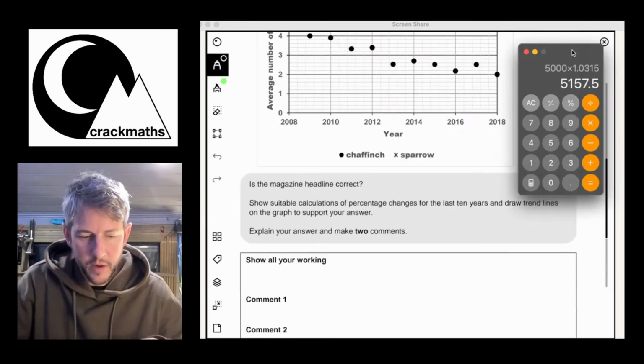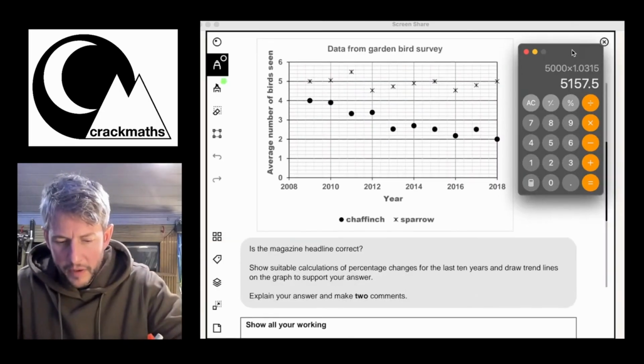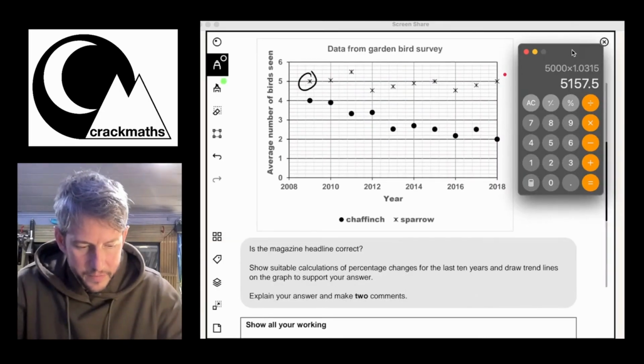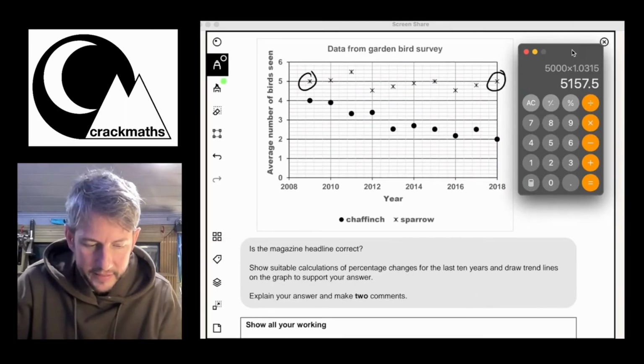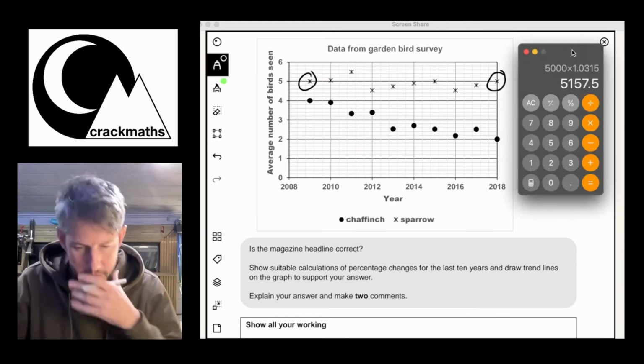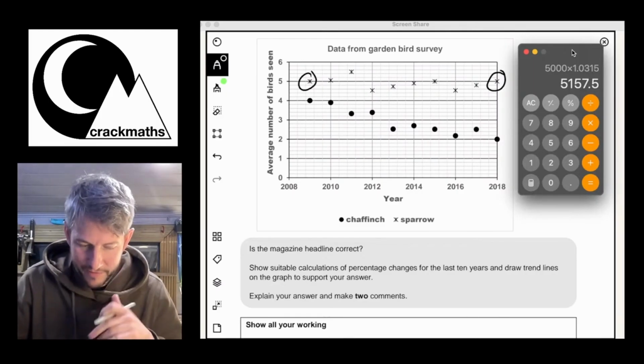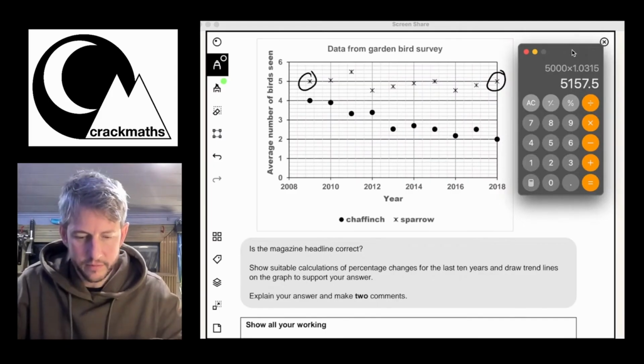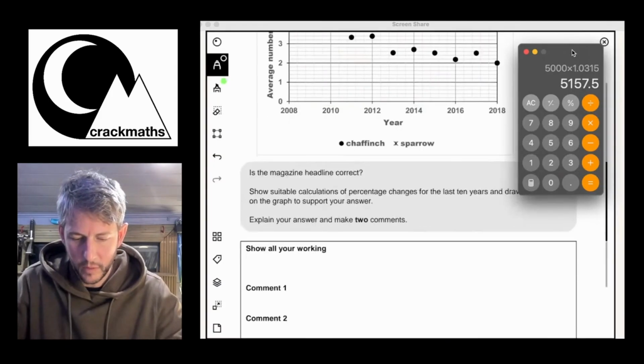Comment 1. So, I think comment 1, we can say, from here to here, we can see that there has been no change in the number of chaffinches. Okay? Comment 1.